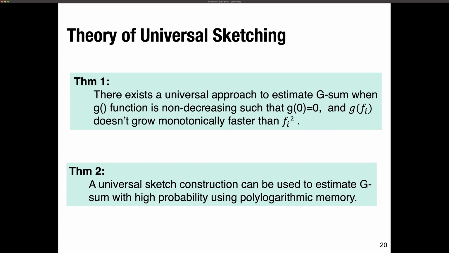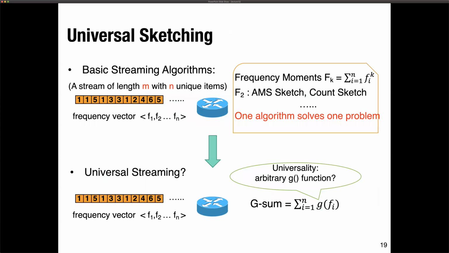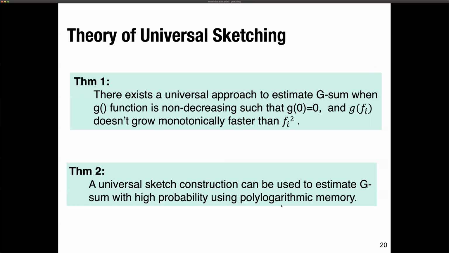So the first theorem is that there exists a universal approach to estimate the GSUM. What is GSUM? When we look at this function, for fi, which is the frequency, if you apply a function g and sum it over n, then that is called the GSUM of the distribution or of the data stream, right? So to estimate GSUM, g must be non-decreasing, such that g(0) is equal to 0, and g(fi) does not grow monotonically faster than fi squared.